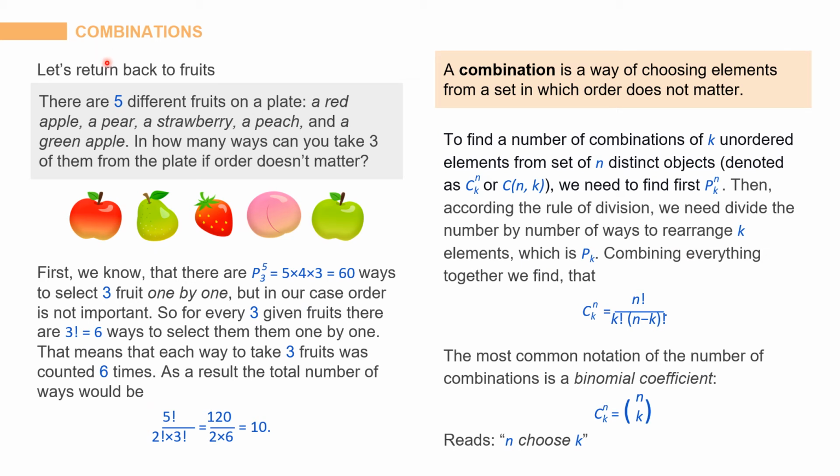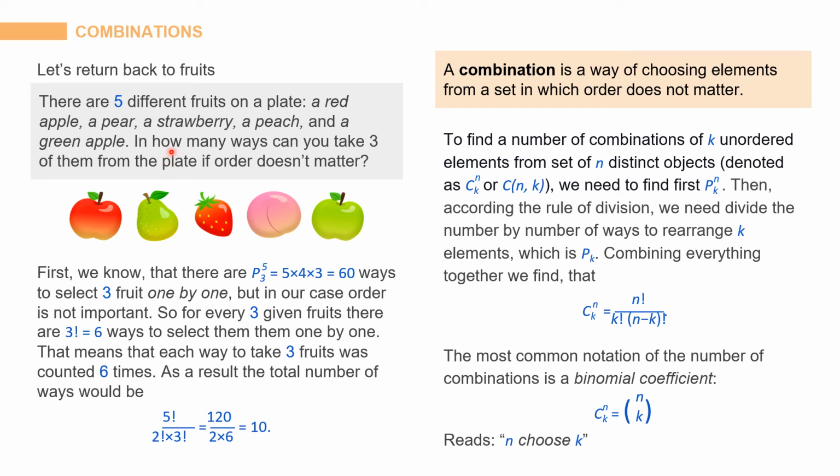So in permutations, the order in a set is critically important. Combinations typically do not care about order. So let's show how we move from our rules for permutations and get to counting combinations. Going back to fruit, we have our 5 fruits.